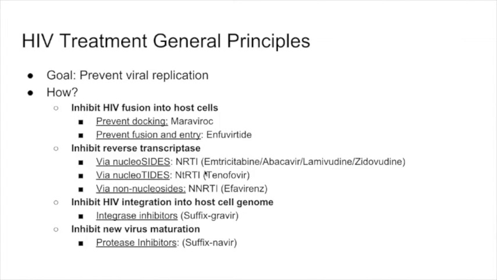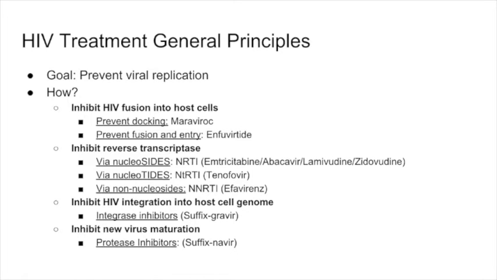Those are the nucleoside reverse transcriptase inhibitors, mainly emtricitabine, abacavir, lamivudine, and zidovudine. Then the nucleotides. There's only one nucleotide reverse transcriptase inhibitor that is available, which is tenofovir. And finally, the non-nucleosides.